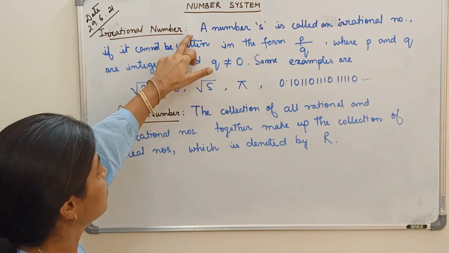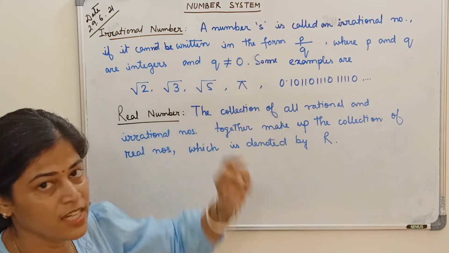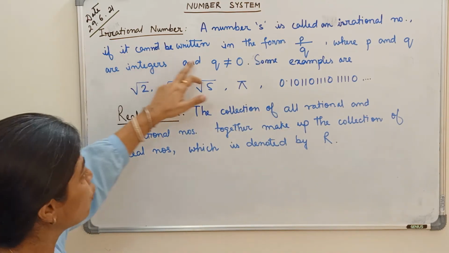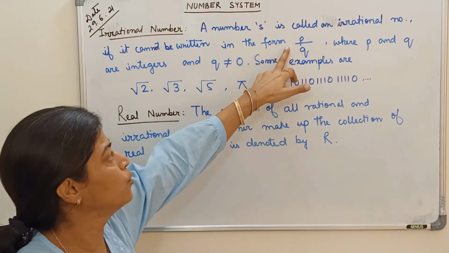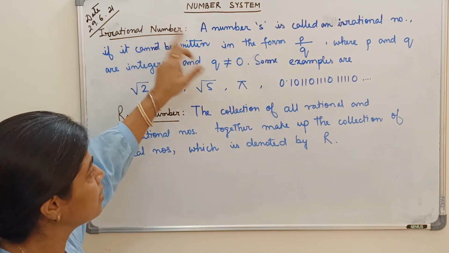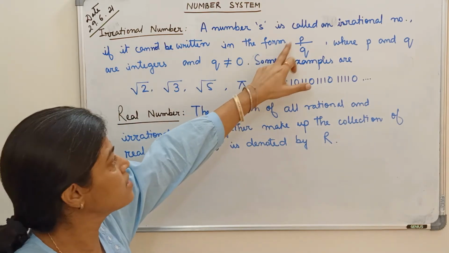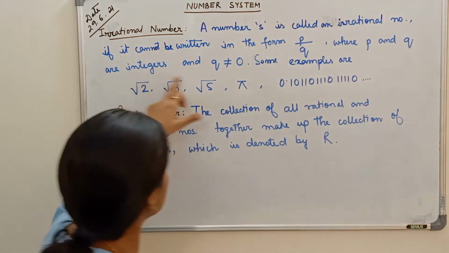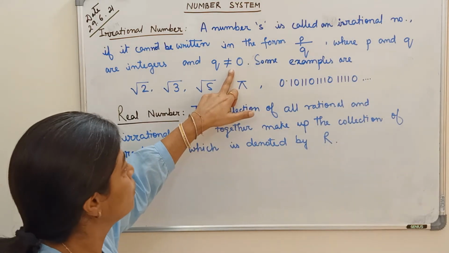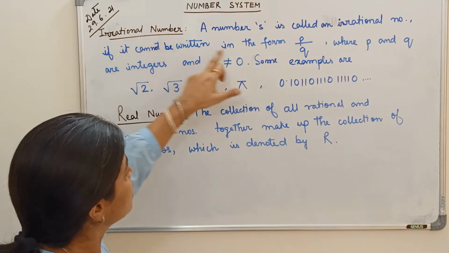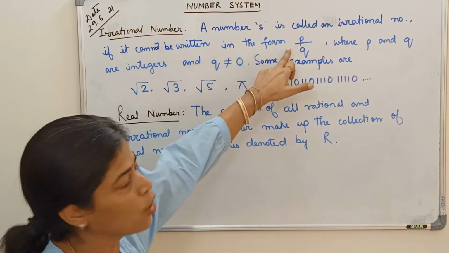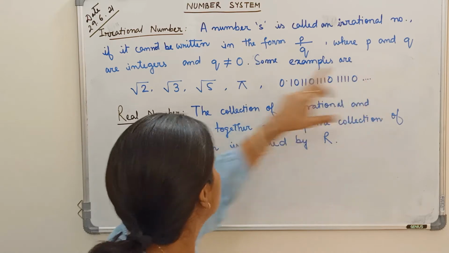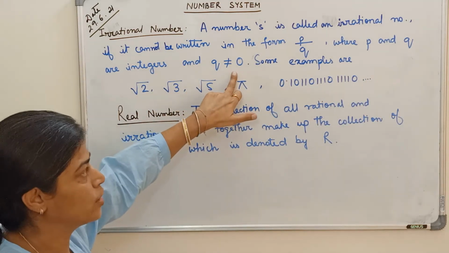Now coming to irrational numbers. What is an irrational number? A number S is called an irrational number if it cannot be written in the form P by Q, where P and Q are integers and Q not equal to 0.